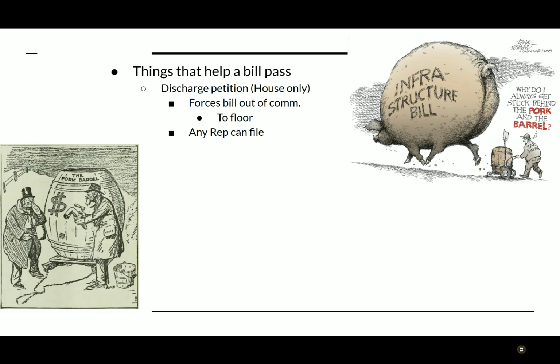And remember, these are important because they were especially important in the past. Remember, in the past, where the seniority rule made committee chairs incredibly powerful, they could just sit on bills they didn't like and keep them from going to the floor. Discharge petitions allowed people to get around that.